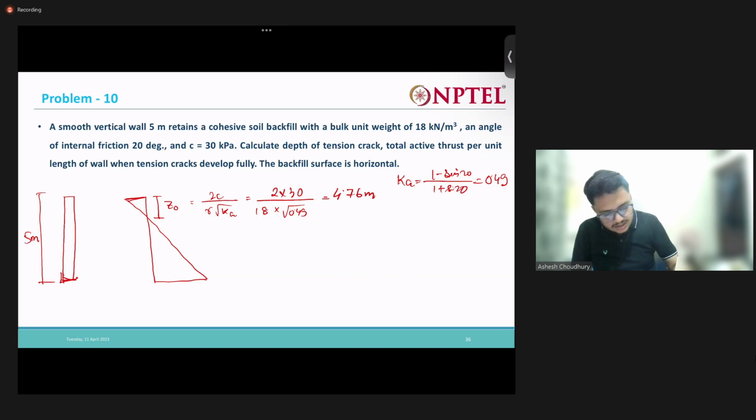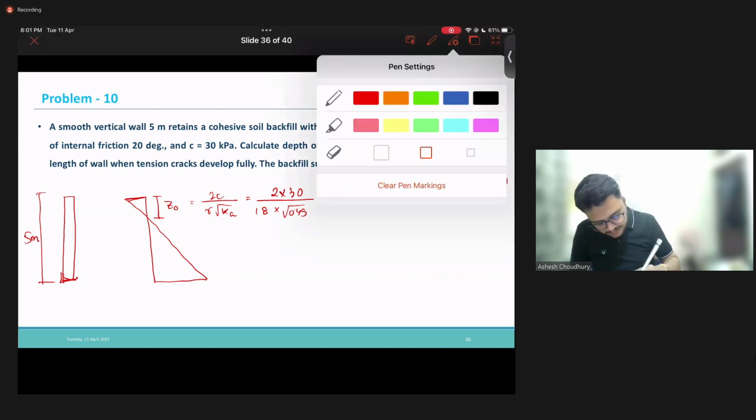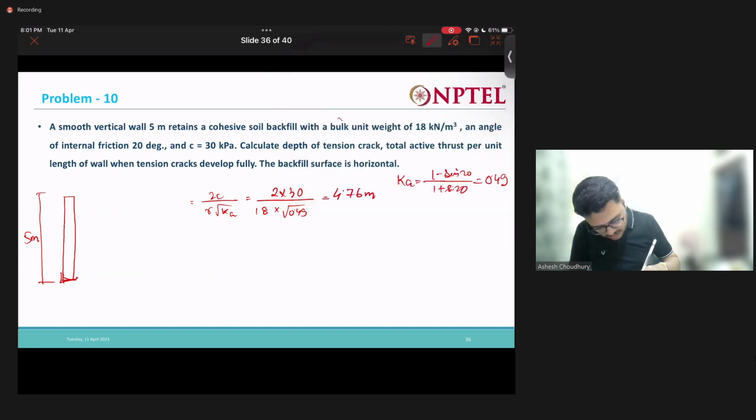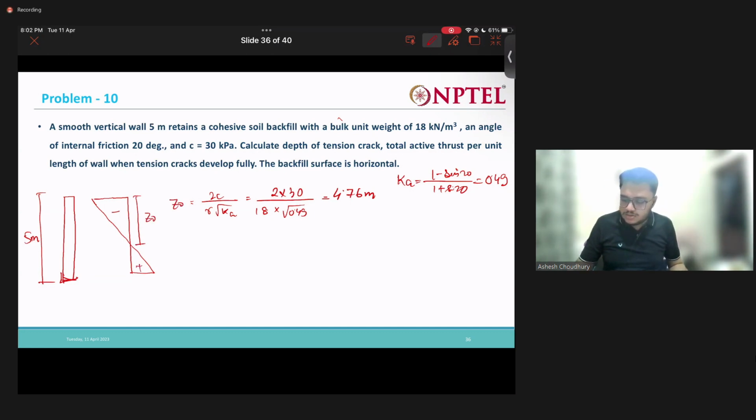If I redraw this, this is Z naught, negative, and this is positive. So this upper portion won't be there, only the lower portion will be there.